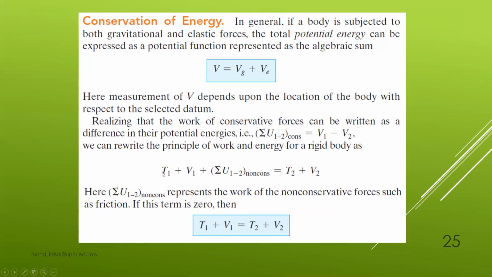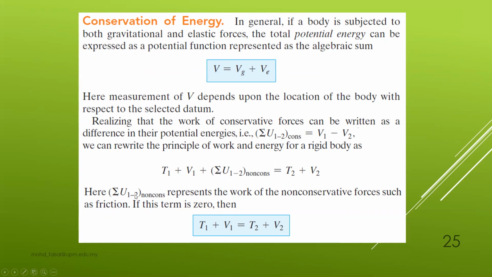T represents the kinetic energy and V is the potential energy. On this part here, that could be the friction force or another form, which we can say is the non-conservative forces.